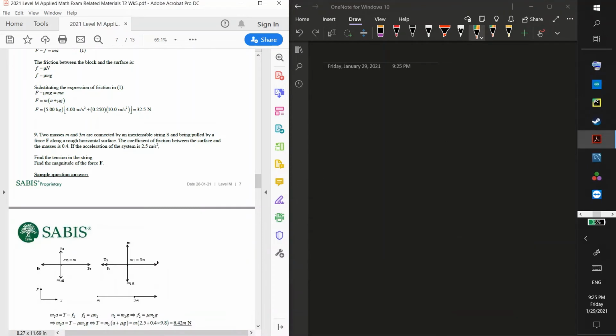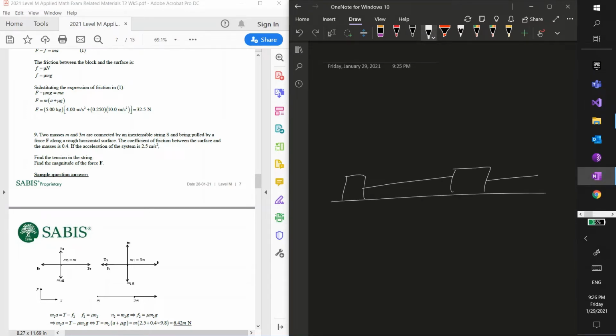So question number 9. Two masses, a mass of m and a mass of 3m, are connected by a string and they're being pulled forward by a force F. So this has a mass of m, and a mass of 3m. Let's draw the FBD of this one. Normal, weight, tension 1, and of course you have your friction.